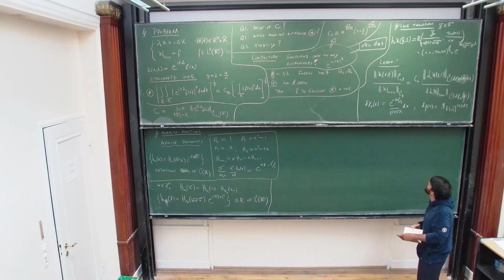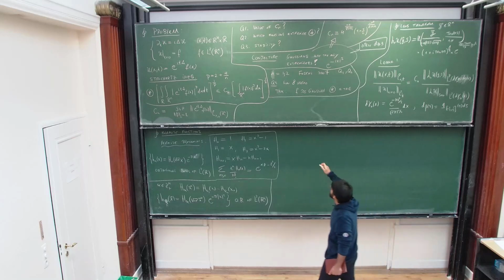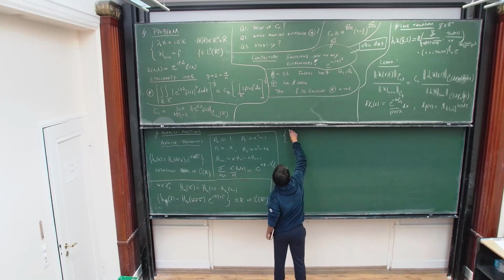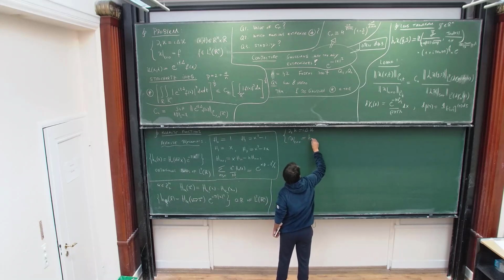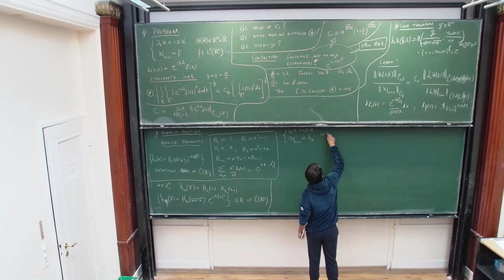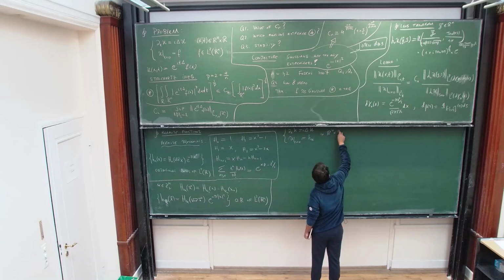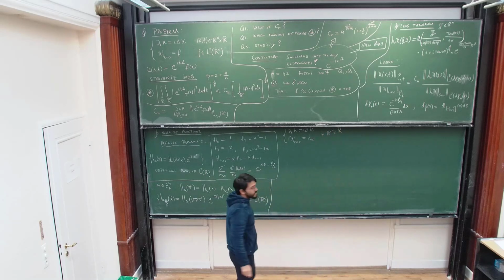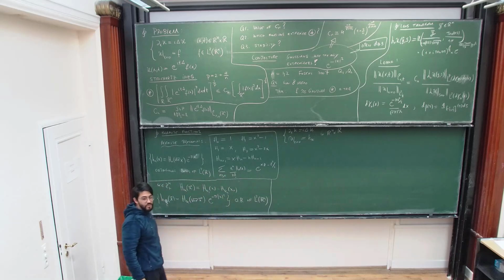So what happens if you start with initial data? Suppose I want to solve with initial data some H alpha in Rn. Okay. Can you describe solutions?